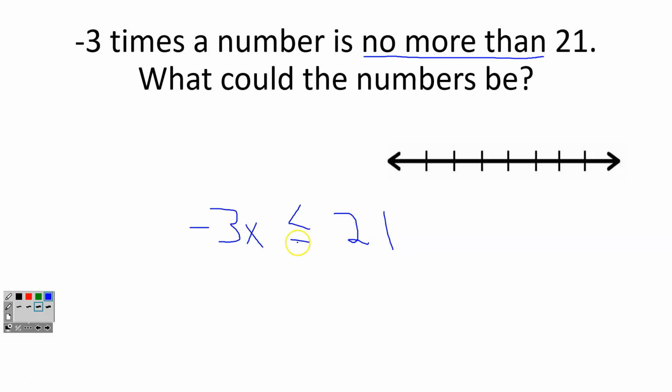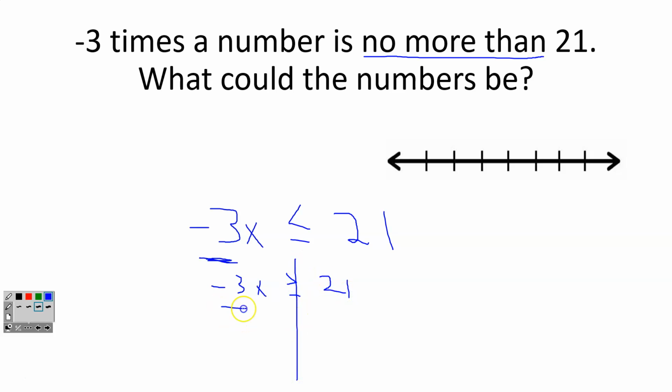Now to solve it, first thing I'm going to do is determine, do I need to flip the sign? The coefficient, that number right there, is a negative, so it does need to be flipped. So we're going to change -3x, instead of less than or equal to, to greater than or equal to 21.